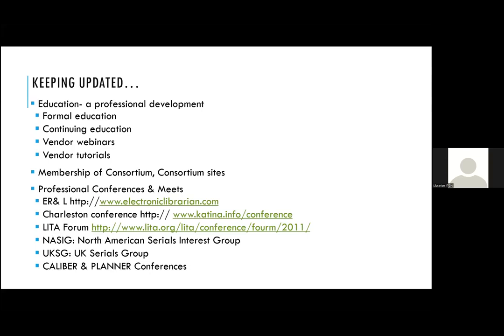ER and L is Electronic Resources and Libraries, which is a major platform. And Charleston Advisor and Charleston Conference are major resources to track the electronic resources. And there are other forums, and NASIG, North American Serials Interest Group, and UK Serials Group are important resources to look at and be in touch with.